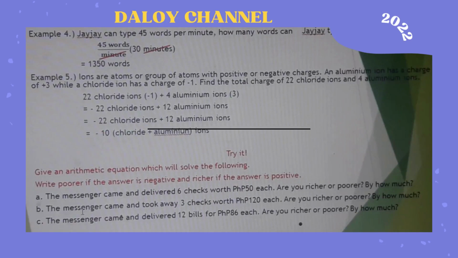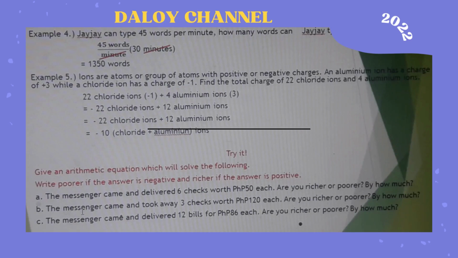JJ can type 45 words per minute. How many words can JJ type in 30 minutes? Again, it's a comparison between the number of words and a minute. So 45 words over a minute, and that is to be multiplied by the time consumed for JJ, which is 30 minutes.